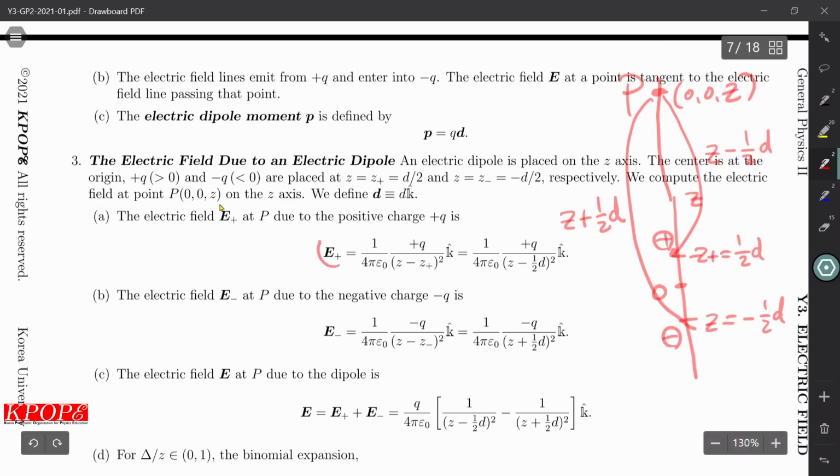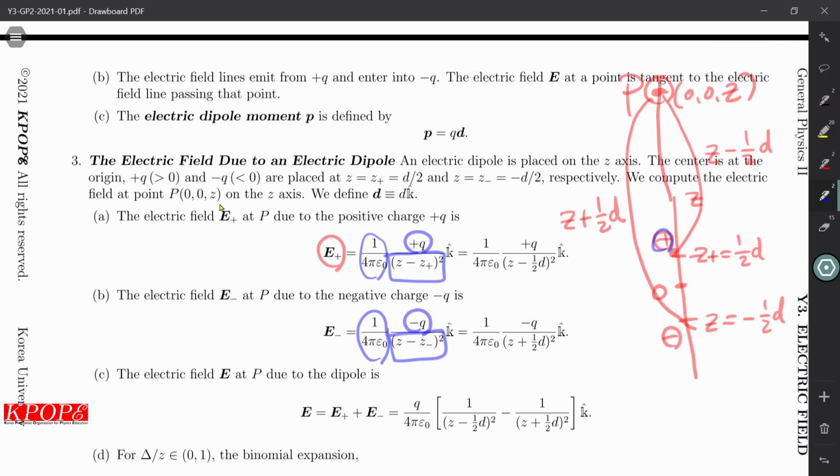Okay, electric field at point P due to this positive charge is 1/4 pi epsilon. This one is the same, distance square, and different charges. Electric field due to the positive charge should be along this direction. Electric field due to this negative charge should be along this direction. You know, it's closer.